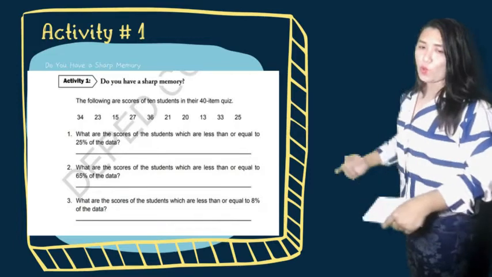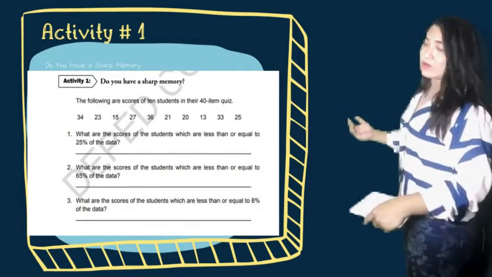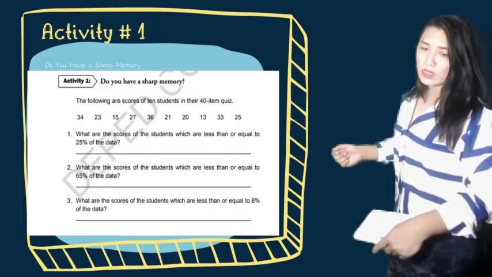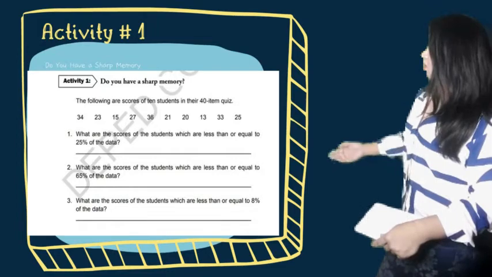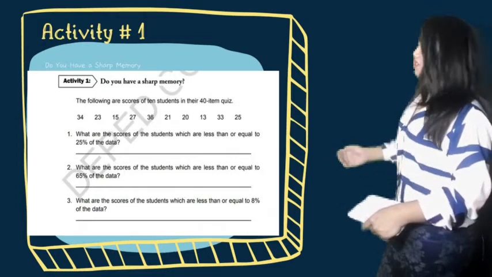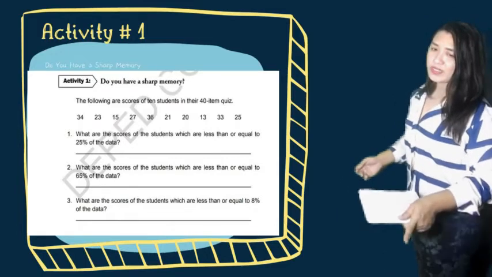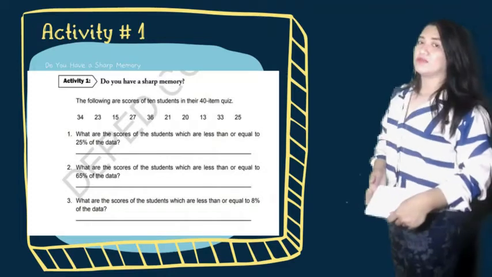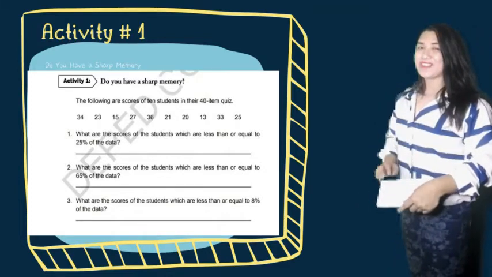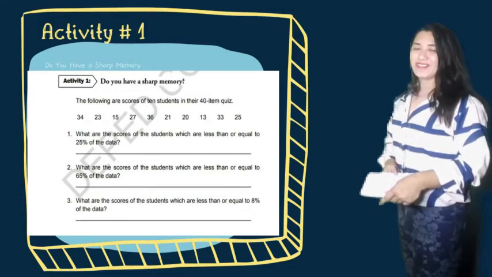Number 2, what are the scores of the students which are less than or equal to 65% of the data? And the third question is what are the scores of the students which are less than or equal to 8% of the data? I will get back to you after 2 minutes. Good luck!